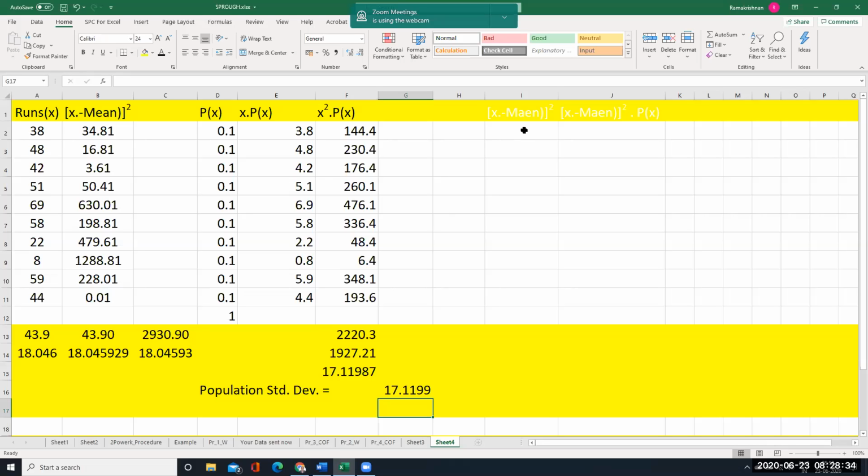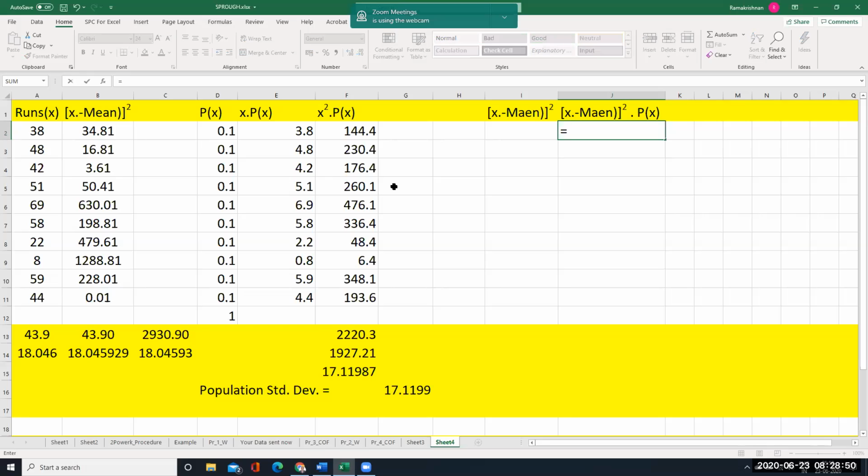So you can get it by a single click in Excel or do this extremely difficult formula. There is another formula here: x minus mean whole squared into px. X minus mean whole squared is given here, and I multiply it by 0.1, this probability, for all the values.